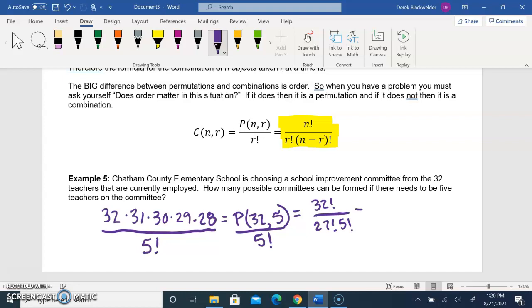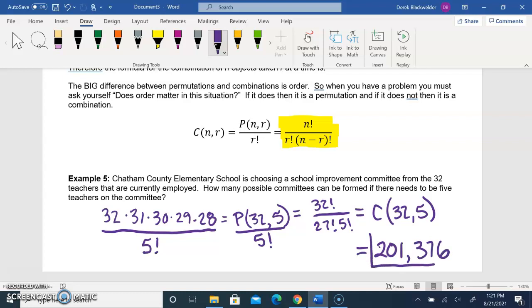And so it's just a combination of 32, choose 5. You can put 32 factorial divided by 27 factorial times 5 factorial into your calculator, or you can just put this combination of 32, choose 5. If you do that, you should get 201,376, which is still a very big number.